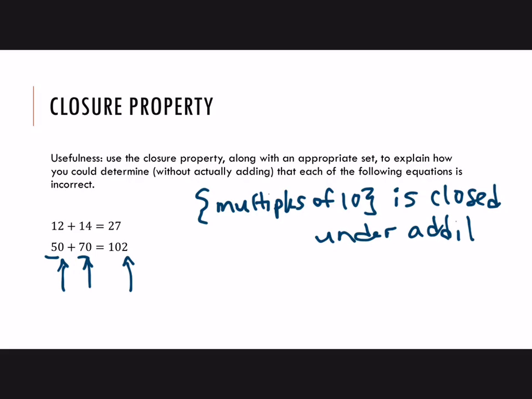And if we have proved that property, then we can apply it in this situation to say that, well, no, 102 is not a correct answer to that equation, since that does not end in a 0. It's not a multiple of 10. Okay, we have some other properties to talk about, but I think we'll stop there, and I will save those for a new video.